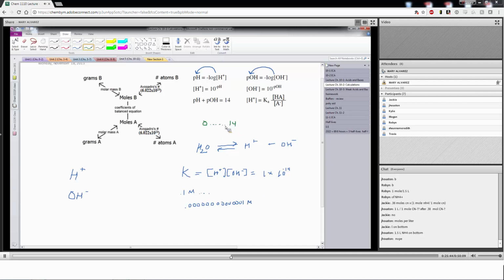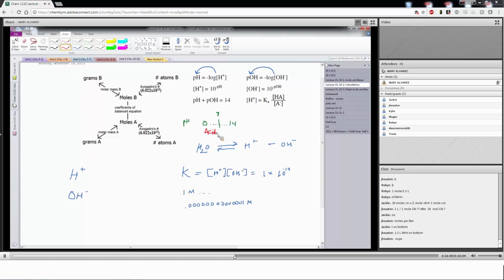And each point on that scale represents a 10 times increase in acidity or basicity, right? So your pH scale goes from 0 to 14, and the middle point, 7, is what we would call neutral. And if I'm between 0 and 7, then I am acidic.